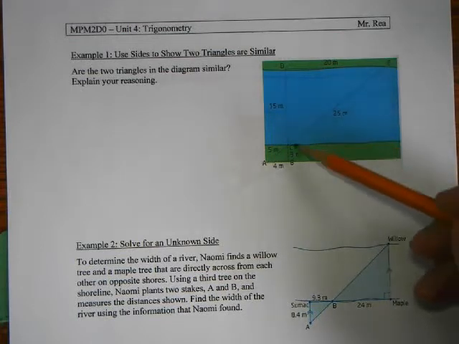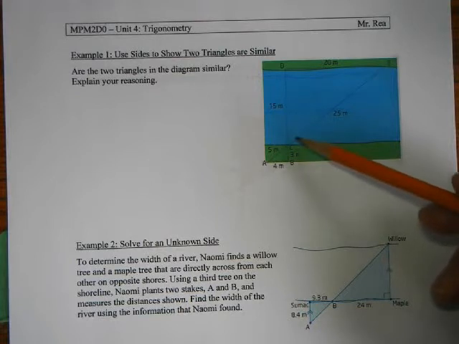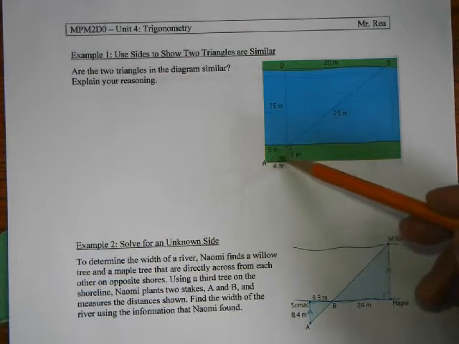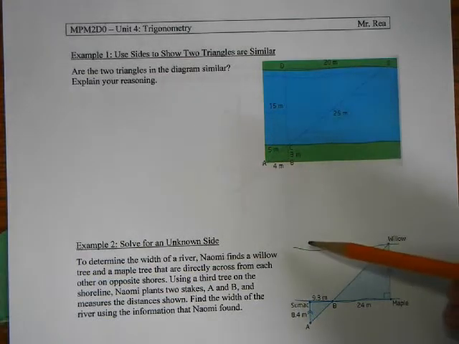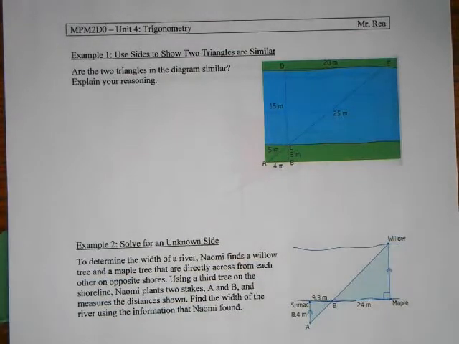That would prove it, but in this case, I don't know any angles. And the idea is not to take out a protractor and measure. In this case, we've been given the side lengths. Okay, we've got all 6 side lengths. So that's enough for us to be able to prove if these 2 triangles are similar.